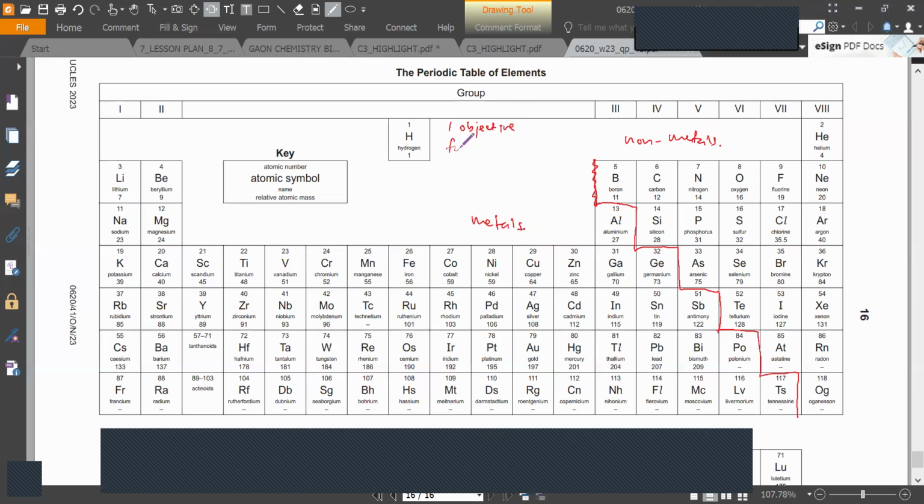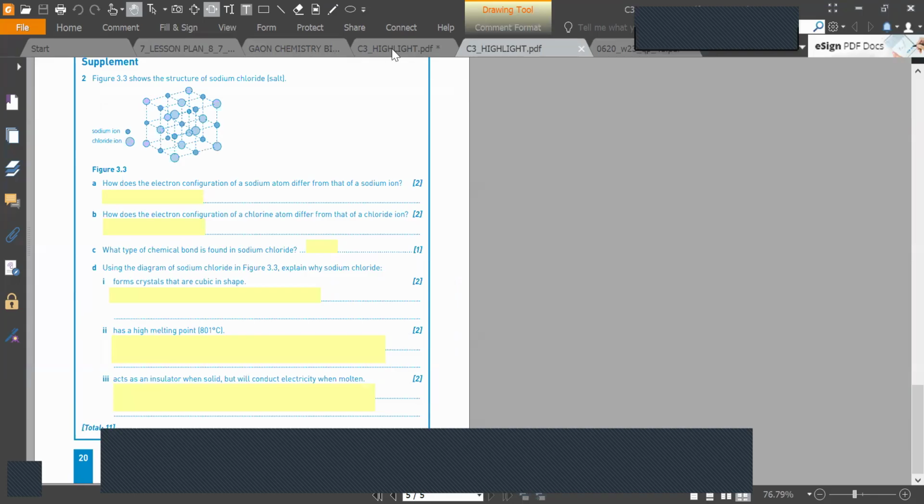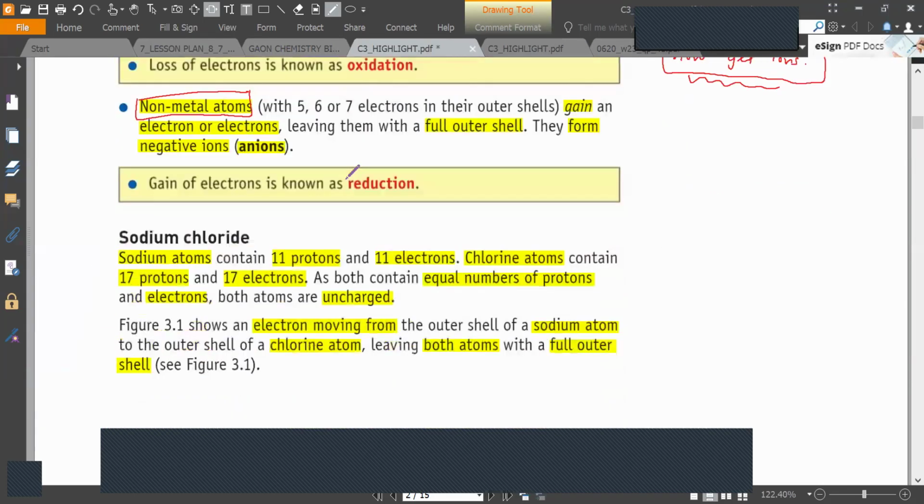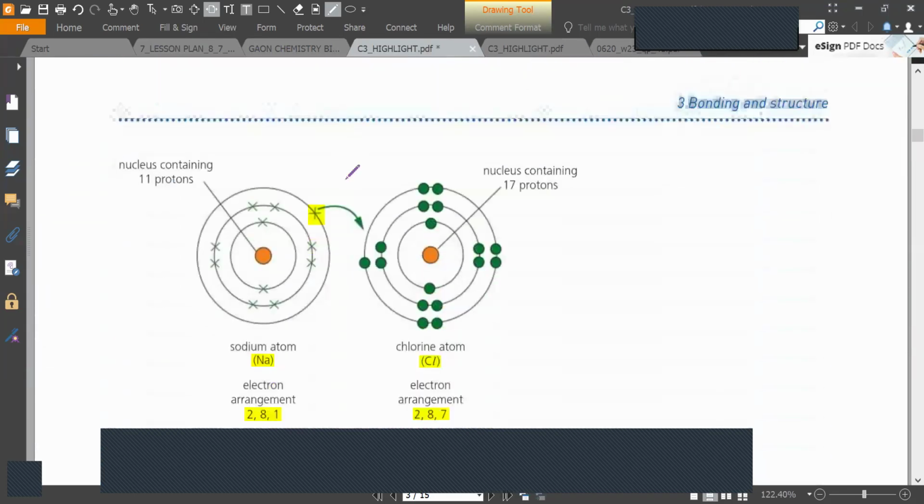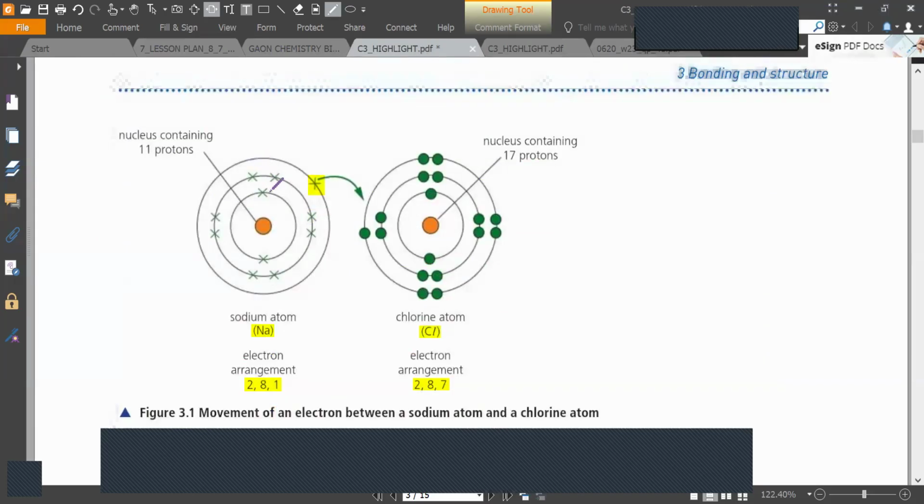All the chemical reactions that happen have one objective: to get a full shell. Whatever they do, they are just trying to get a full shell. We can look at this example here. This sodium has an electron arrangement of 2, 8, 1, with 11 protons and 11 electrons.